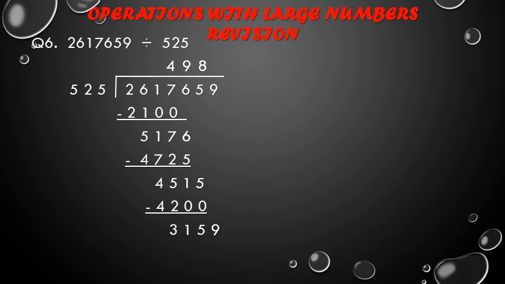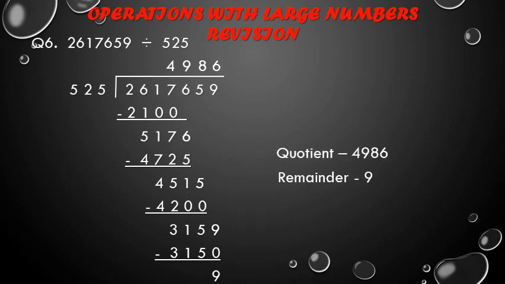When we divide 3159 by 525, we write 3150, means 525 multiplied by 6 is equal to 3150, and now we subtract 3150 from 3159 and we get 9 as the remainder, because now there is no digit left in the dividend to carry down. So 9 is the remainder and the quotient is 4986. So this is our answer.